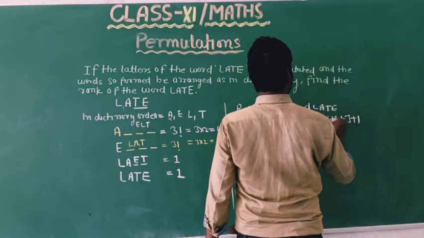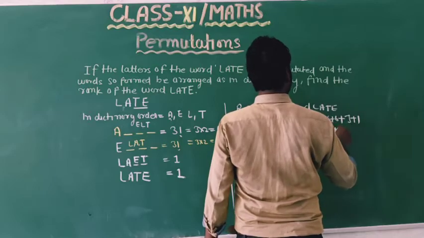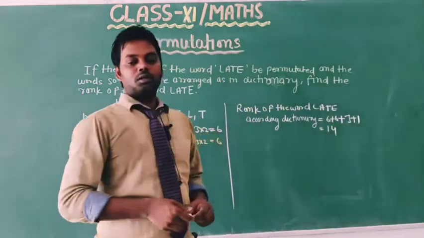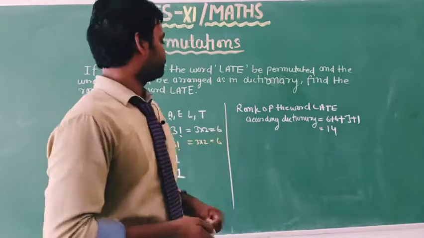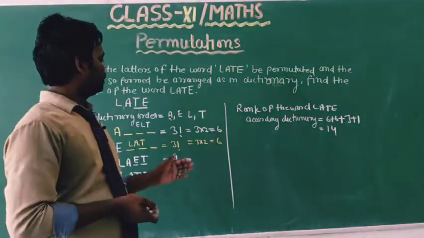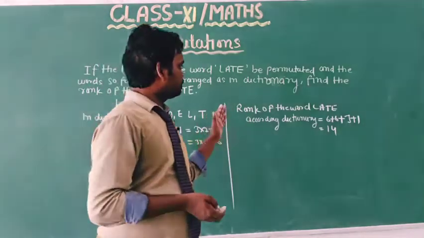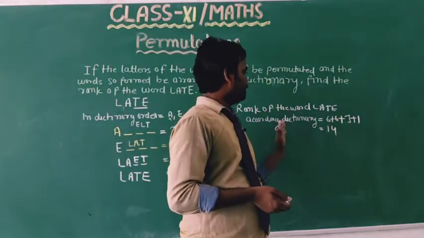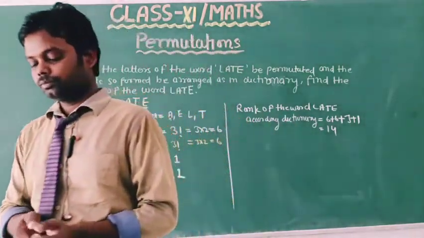So 6 and 6 is 12, plus 1 is 13, plus 1 is 14. Therefore the rank of the word LET is equal to 14.